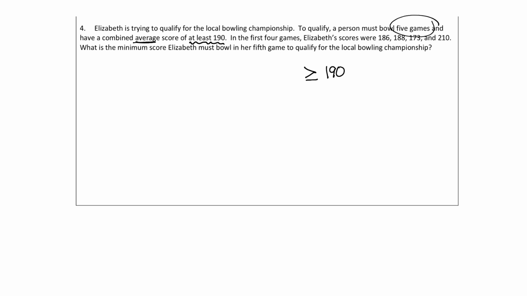Okay, you could just write all of those out. You could go 186 plus 188 plus 173 plus 210, add the 5th game in, and divide by 5. That's kind of a pain to write out, though.